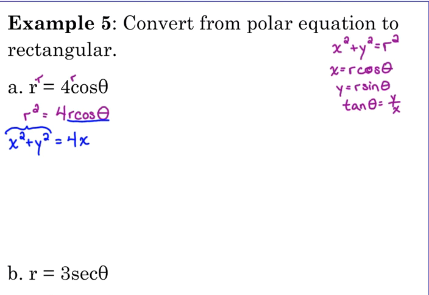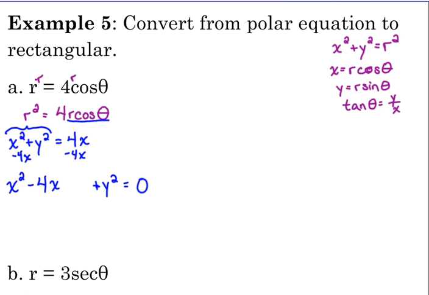So to do that, we need all of our x's and y's on one side. So we're going to subtract the 4x to the other side. So for the moment, we have x squared minus 4x. If you remember, we're going to complete the square, so we need to leave ourselves a space right there before we write our plus y squared. And then on the right side of our equation, 4x minus 4x, that's 0.